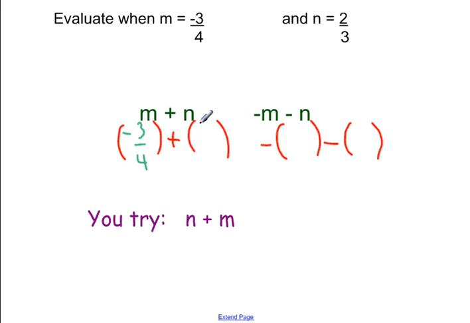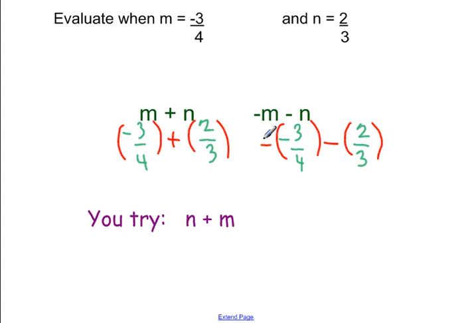Negative 3/4, n is 2/3, and watch what happens right here. As soon as I plug in that negative 3/4, I'm going to remember something happens here. I remember seeing it in a lesson we've already done. And without those bubbles, I might have forgotten that negative right there.